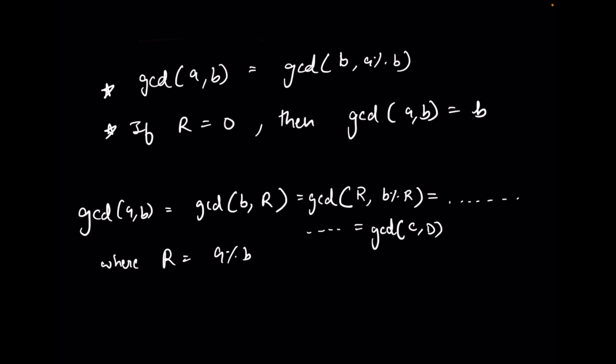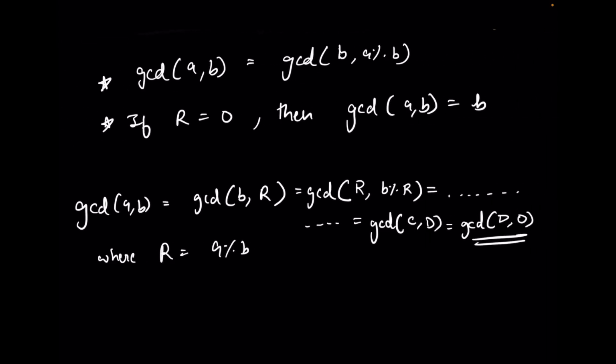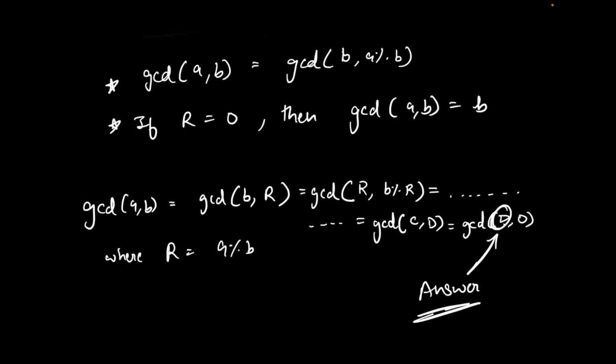And because we're using the first equation blindly, what we'll be asked to find then is GCD of D comma C mod D, right? But C mod D is actually 0. So we'll be asked to find GCD of D comma 0. And when we see that our second number is 0, then we should stop the algorithm and the answer will just be our first number, D.